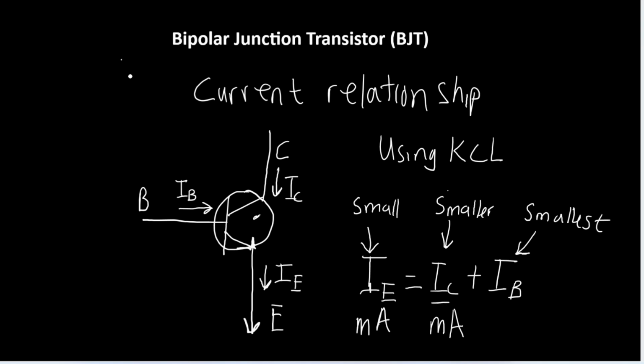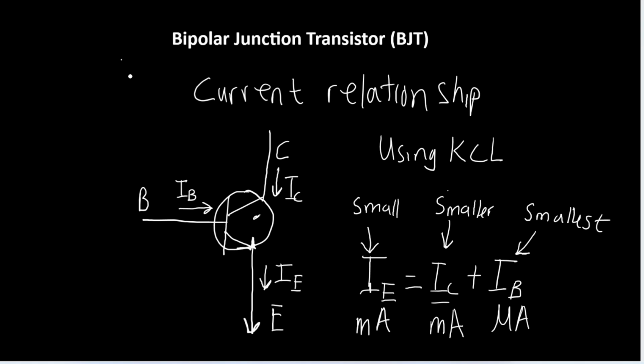IC is smaller than IE. Then the smallest, being our IB, is measured in microampere, and it is the smallest amongst the 3.